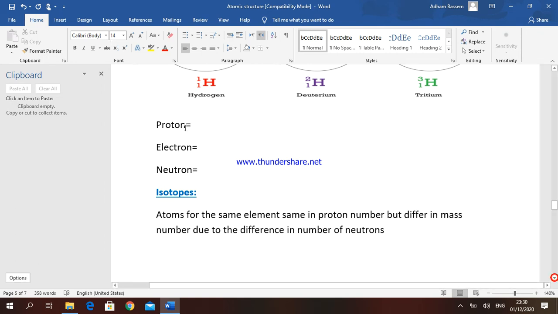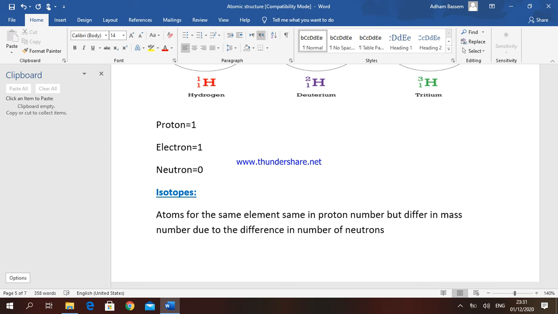So, in the case of hydrogen, the number of protons equals 1, the number of electrons equals 1, while the number of neutrons equals 0.